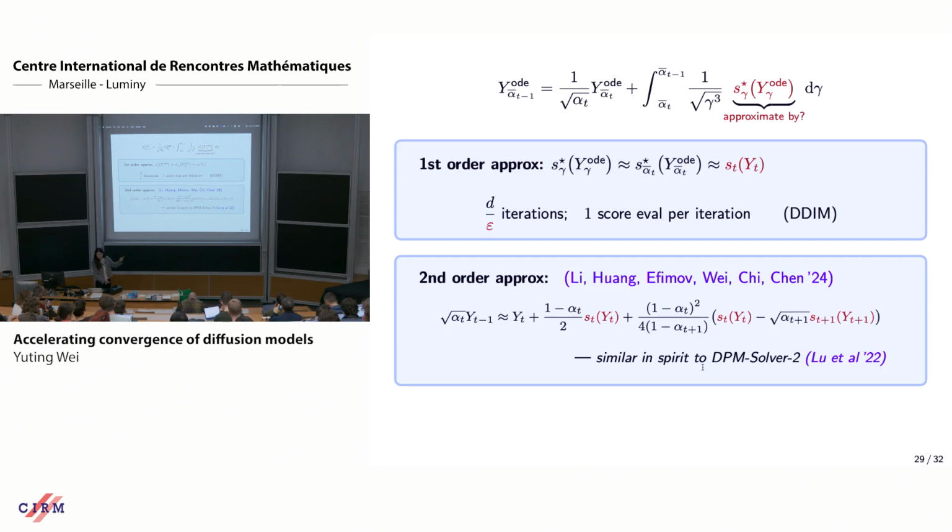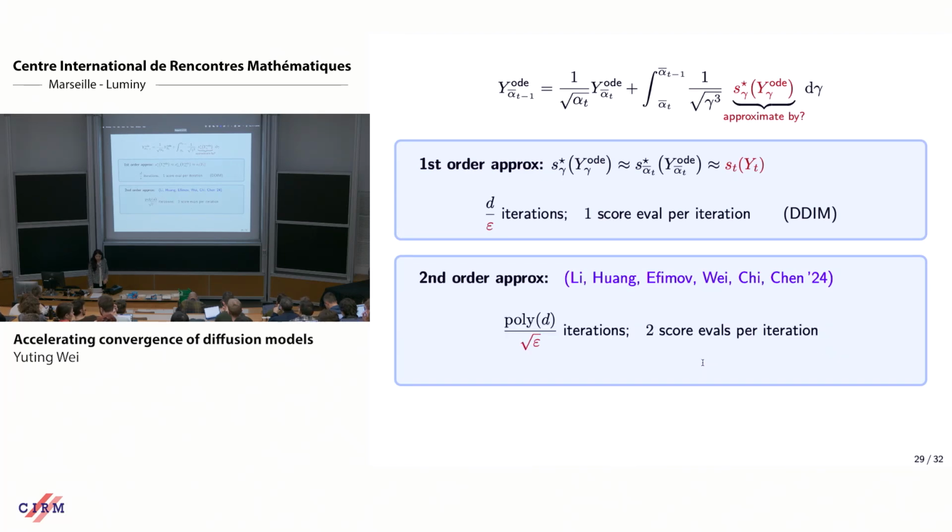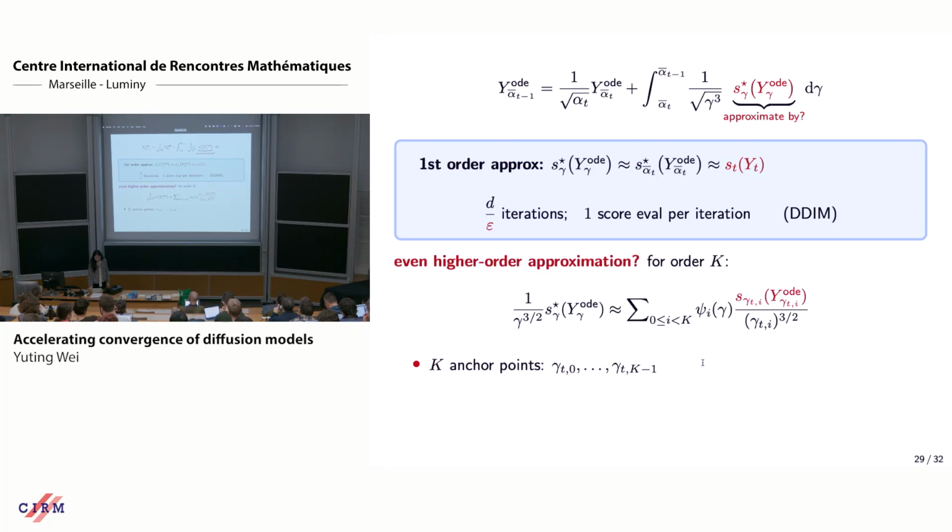So if you use a second order approximation, you get exactly this, and another way to write it is exactly what I described earlier. But you don't need to stop at the second order approximation. You can think about higher order approximations, where we use a Lagrange basis polynomial to approximate this function, up to the kth order.